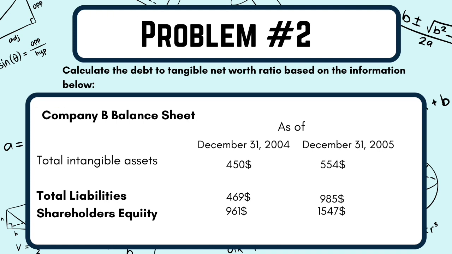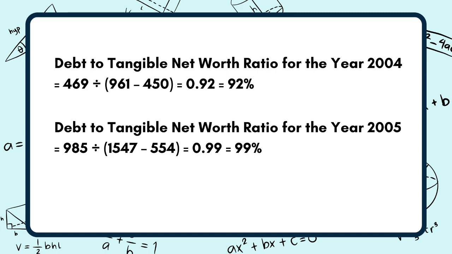So the calculation for the debt to tangible net worth ratio for the year 2004 is $469 for total liabilities divided by $961 for shareholders' equity minus $450 for intangible assets is equal to 0.92 or 92%.